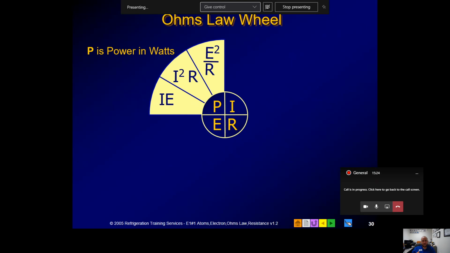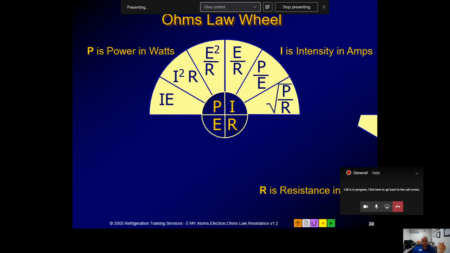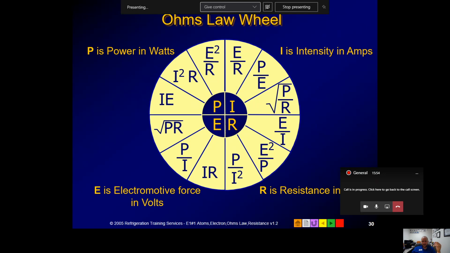If I'm trying to find power and I know current and I know resistance, then I can use that middle formula: P equals I squared times R. If I know voltage and I know resistance, then I'd use E squared over R. And if I knew voltage and intensity or current, amperage, then I'd use this formula. All it's saying is what's the one you want to find and what are the two that you already know. And I'll have this as a handout that you can print off.